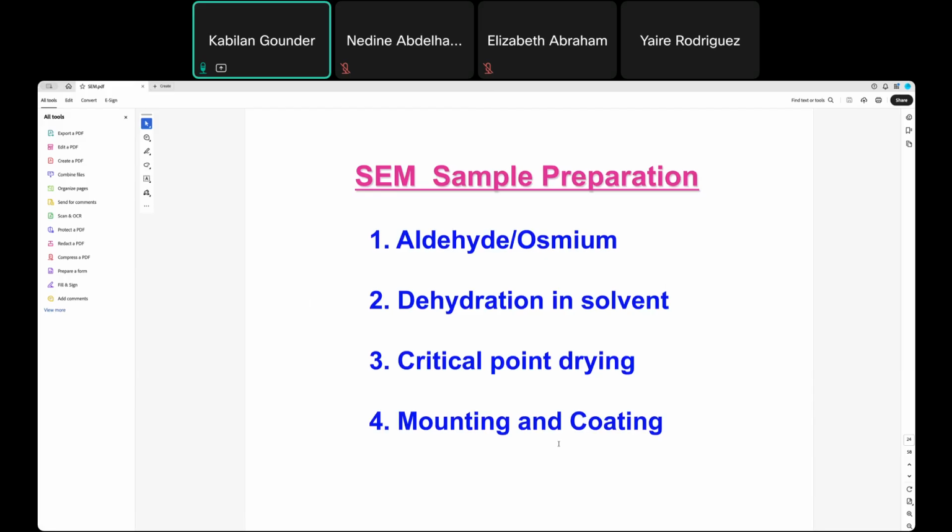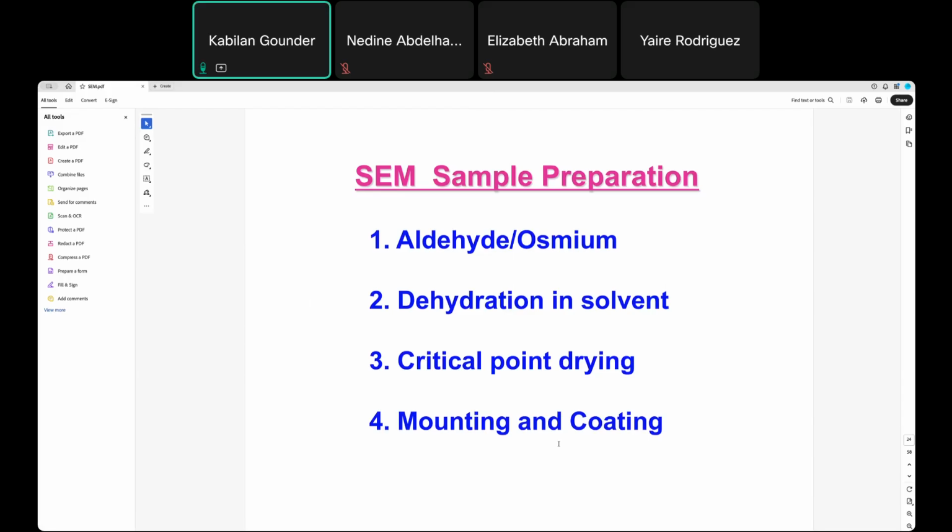One is, as we discussed previously, fixation is the first fundamental piece of information you need to understand. So: fixation, dehydration, embedding. Here we don't have any sectioning and we don't have staining.